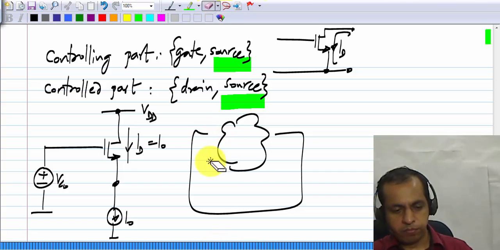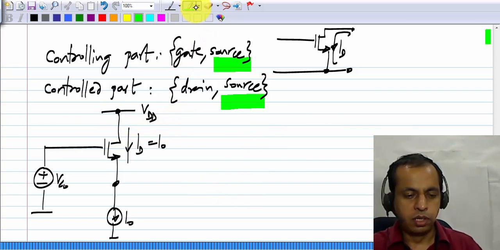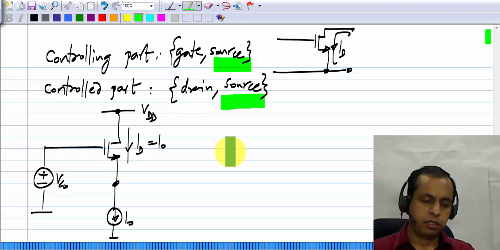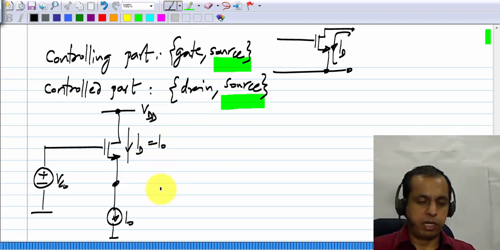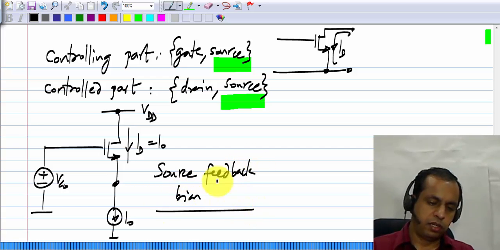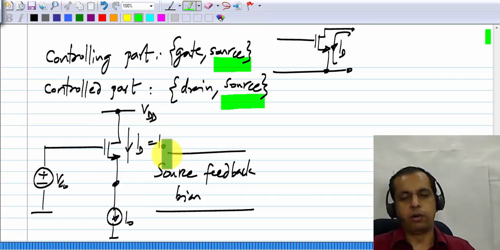Here the feedback is internal to the transistor. The source, being part of both the controlling and control side, accomplishes feedback, and this type of biasing naturally is known as source feedback bias. It's a very popular way of biasing the circuit. It's very simple and used quite a lot.